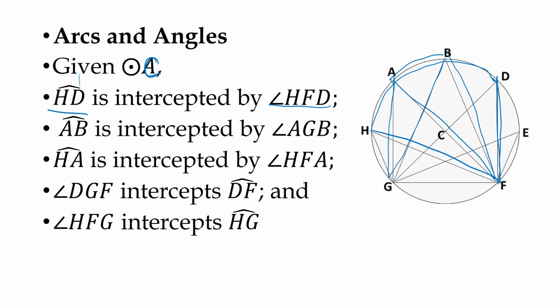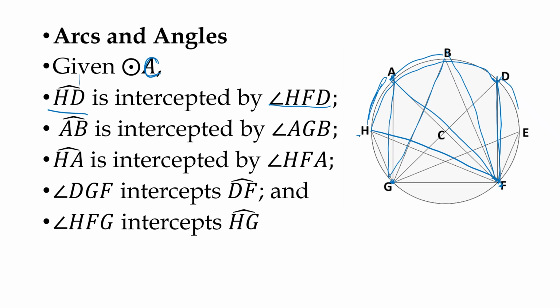Next is arc HA, which is intercepted by angle HFA. Then next, angle DFG, D, F, and G, intercepts arc DF.